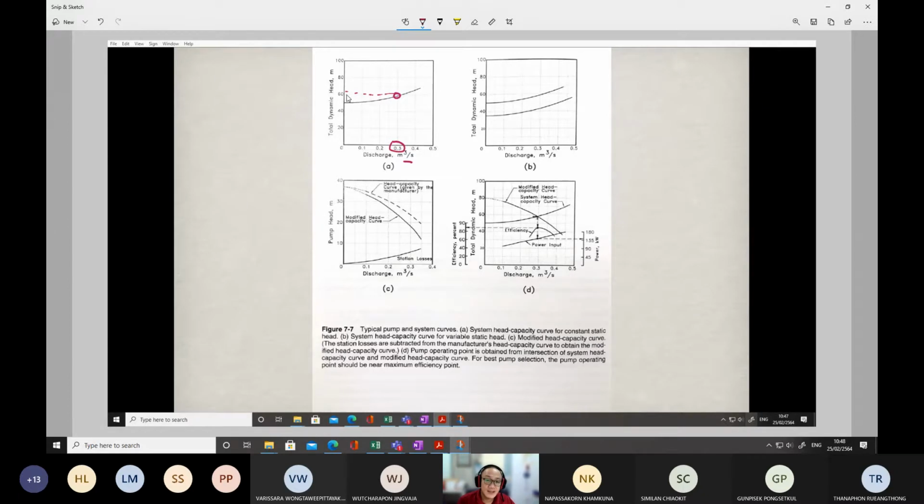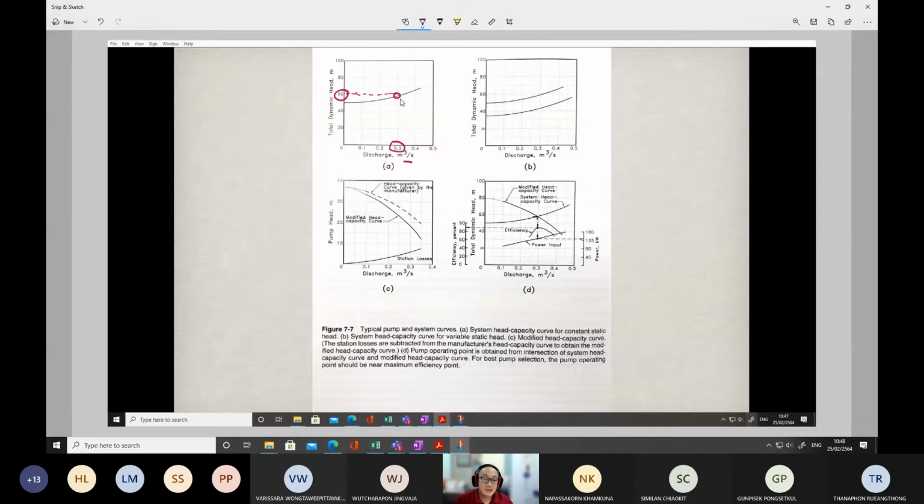Okay, so if the head we want is above 60, so 60 may be the static head combined with the loss due to the friction and then the minor loss.